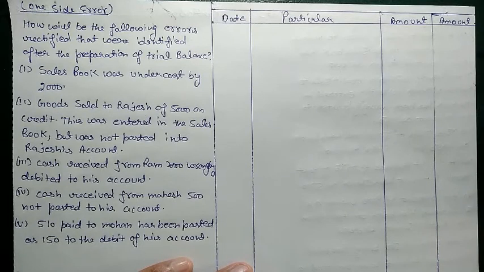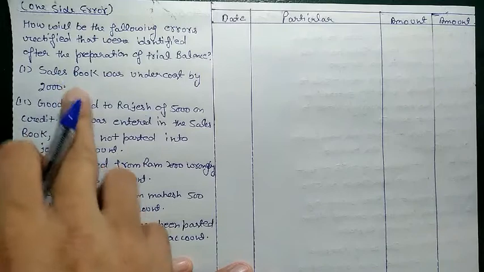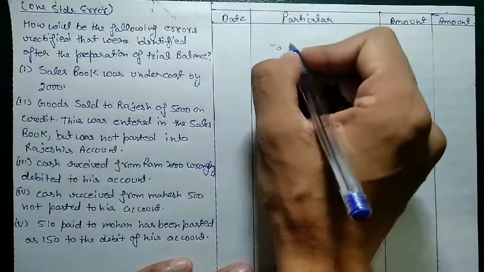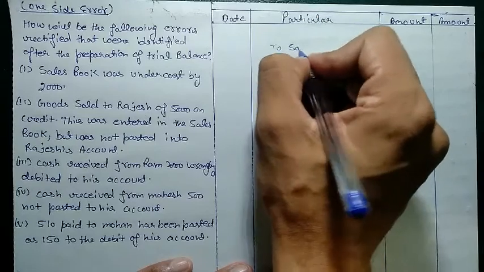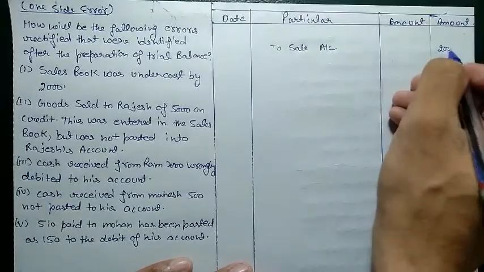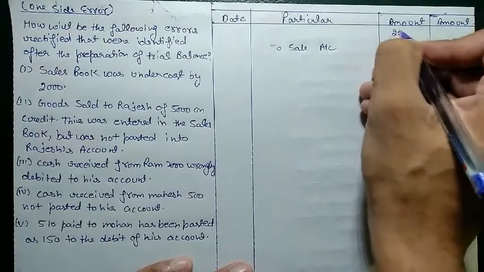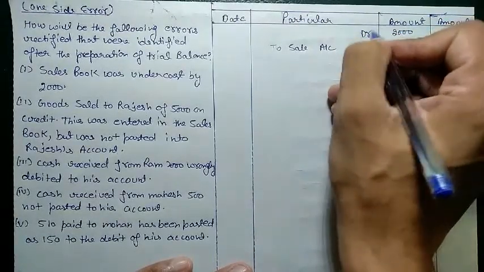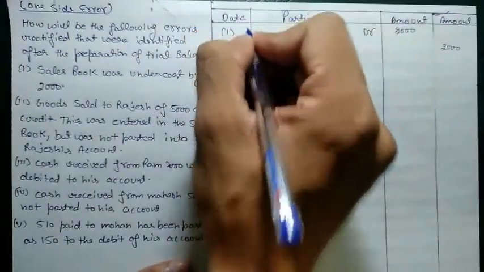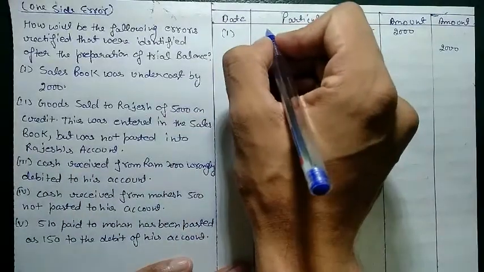Because for rectifying an entry we need to debit an account also. So what account will we debit? We will debit another account, that is the suspense account.